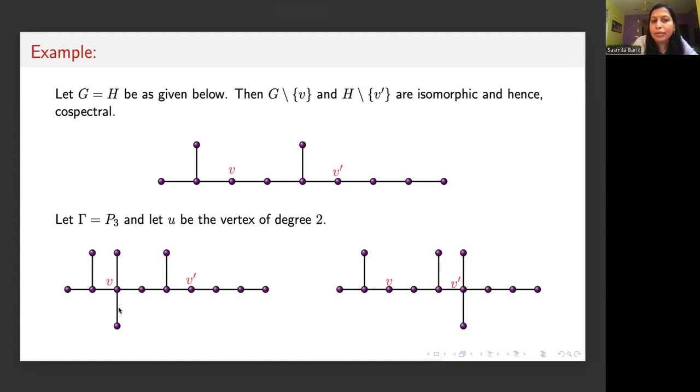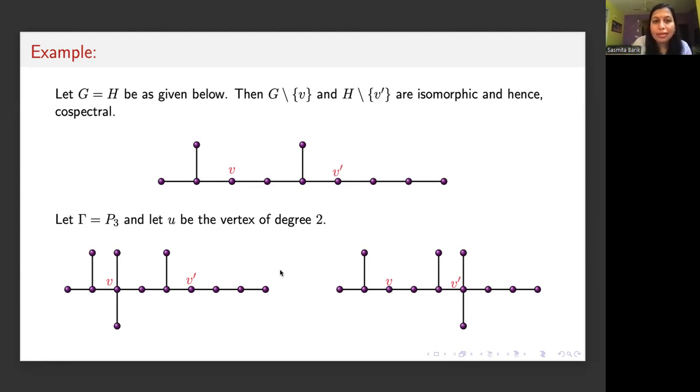I have drawn it in this way, but you are just taking P3 and attaching its middle vertex to v. So this is the graph. And the same thing I did for H, at v'. And you can observe that both graphs are not isomorphic, but they are co-spectral.